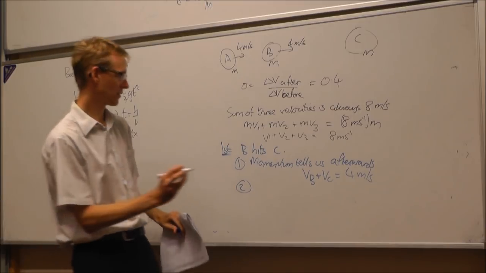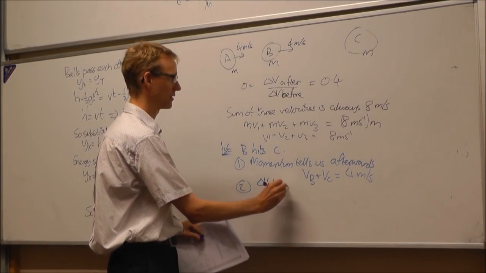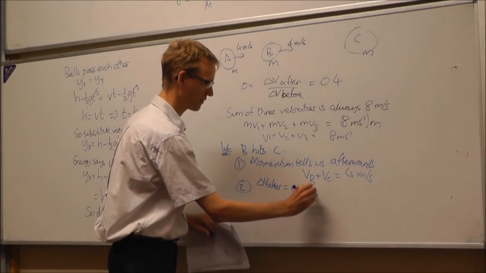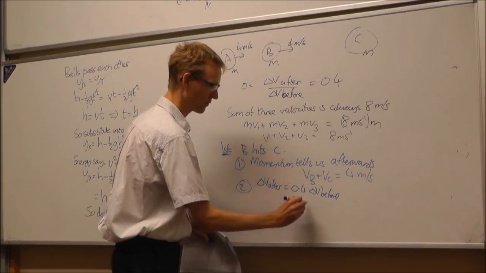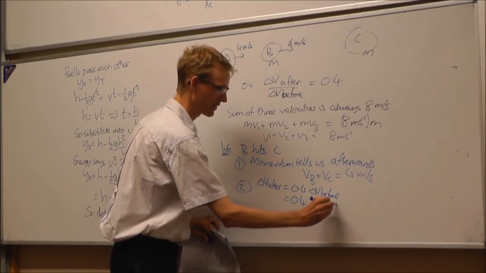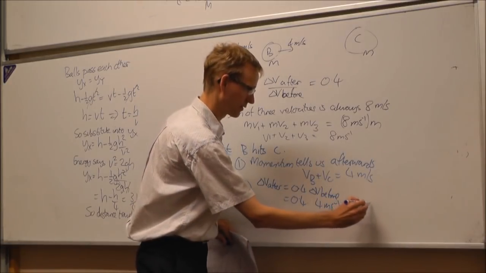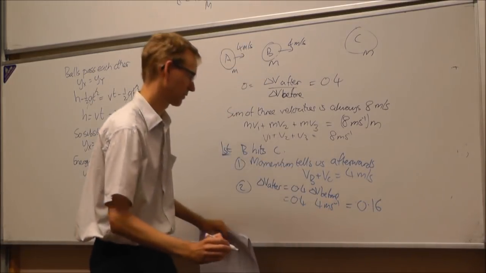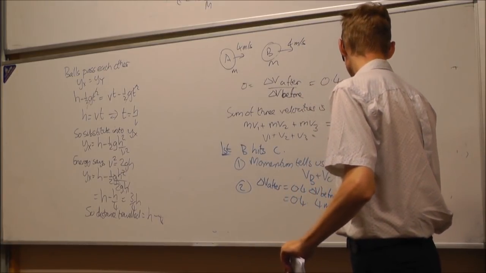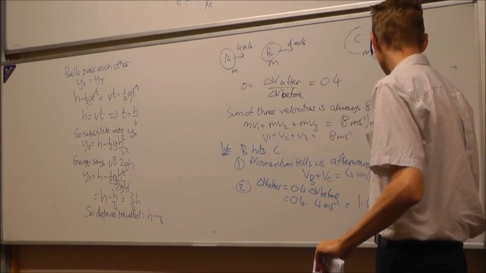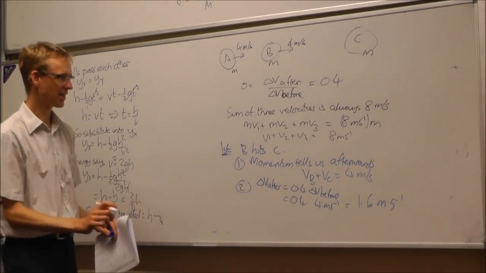So delta V after is 0.4 times delta V before, so that's 0.4 times 4 meters per second, which is 1.6 meters per second.